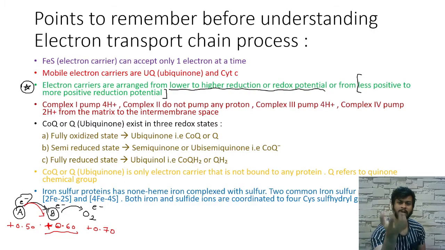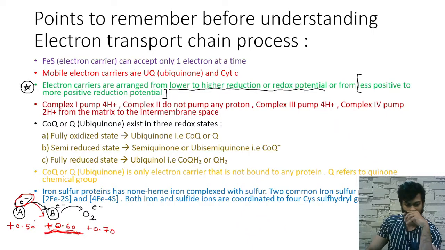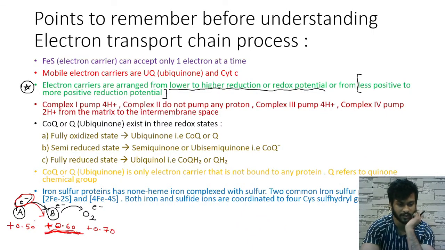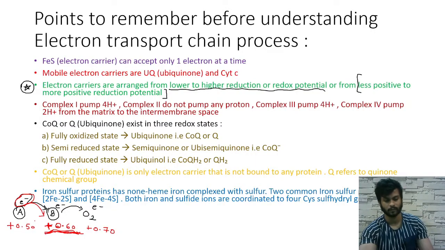So this will strongly attract the electron from A towards B. A negatively charged electron will be more attracted toward the more positive thing rather than the less positive thing. That is why electron carriers are arranged from lower to higher reduction or redox potential, or from less positive to more positive reduction potential.